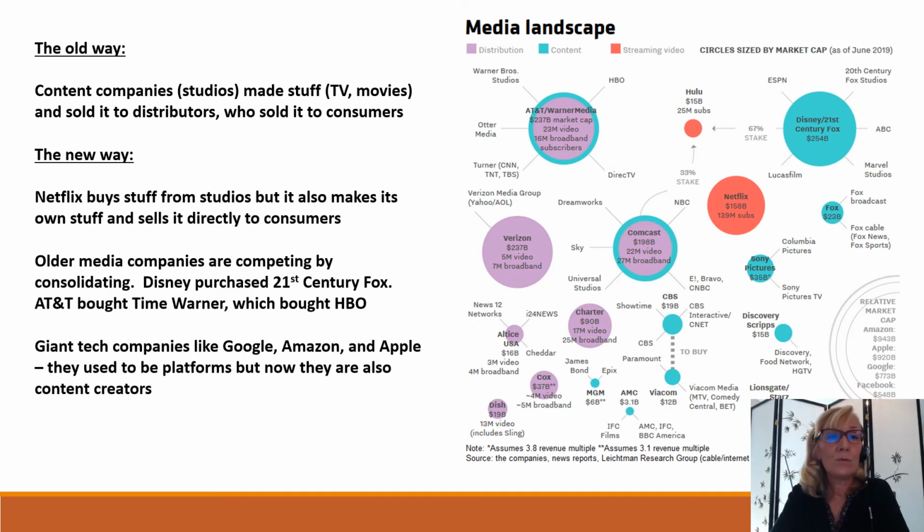But of course, a new way is that Netflix is buying stuff from studios, but it's also making its own stuff and selling it directly to consumers. And so some of the older media companies, the way they ultimately competed was by consolidating. So Disney purchases Fox, AT&T buys Time Warner, which owns HBO. Similarly, with the tech companies, Google, Amazon, Apple, while they used to only be platforms, now they are also content creators.